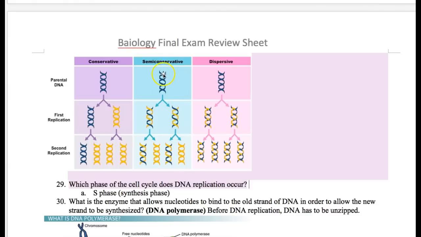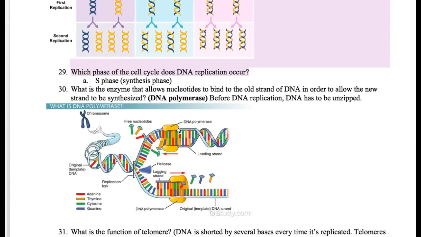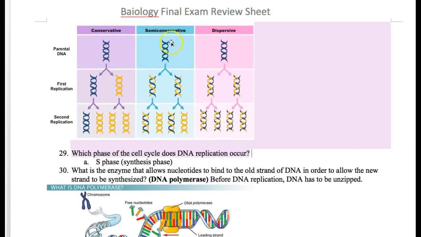So it's kind of like ripping this original DNA apart into two separate strands, and then you add new DNA nucleotides onto here. Remember, a nucleotide is the DNA monomer. The other two, conservative and dispersive, were models that people predicted and were then found out as incorrect.